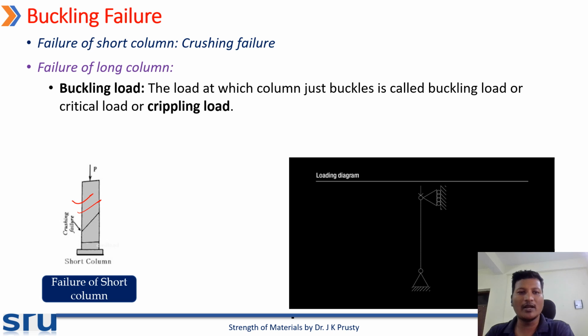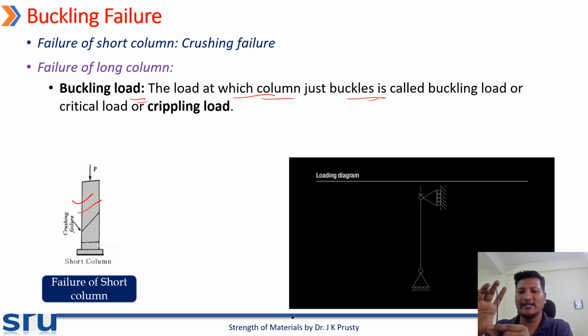So what is this buckling load then? The load at which the column just buckles. As I showed you, if we increase the load on both ends, we come to a particular load where the column will start buckling. That load is called buckling load, critical load or crippling load.